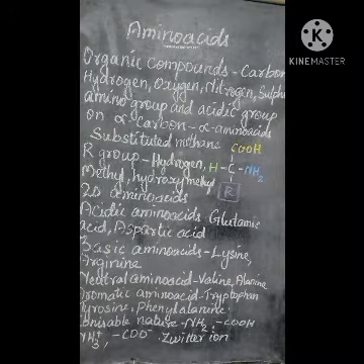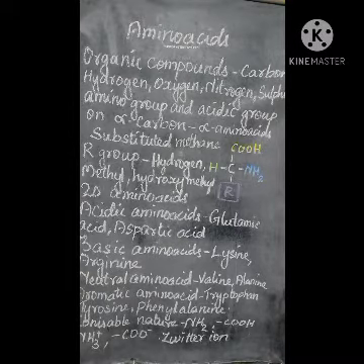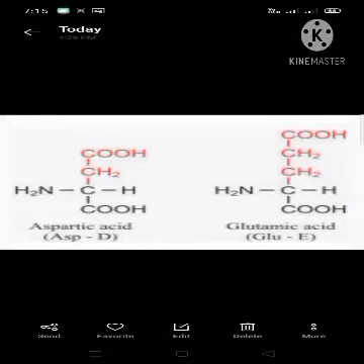Amino acids which have more than one carboxyl group are called acidic amino acids. For example, glutamic acid and aspartic acid have 2 carboxyl groups in them. So they are said to be acidic amino acids. This is the structure of aspartic acid and glutamic acid. So both amino acids have 2 carboxyl groups in them. That's why they are examples of acidic amino acids.